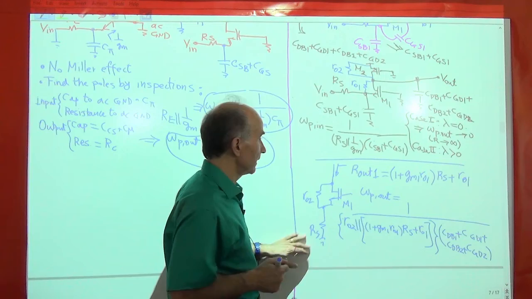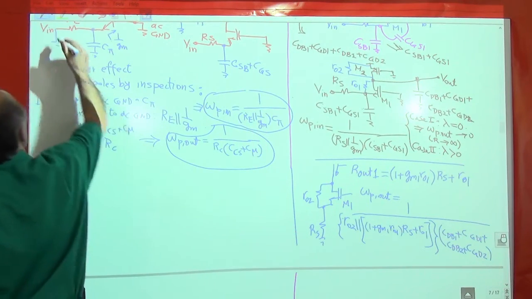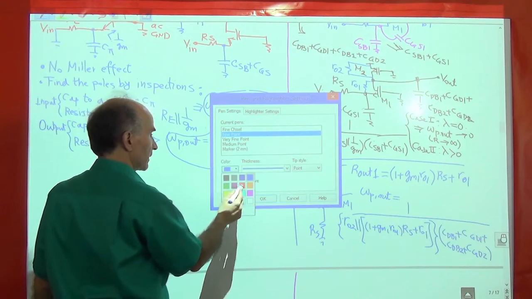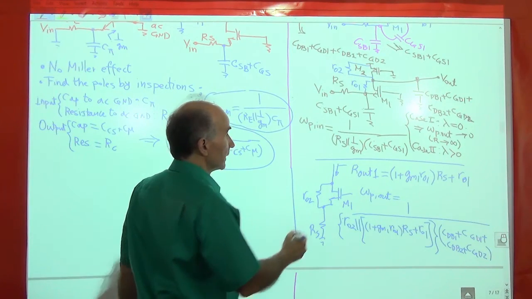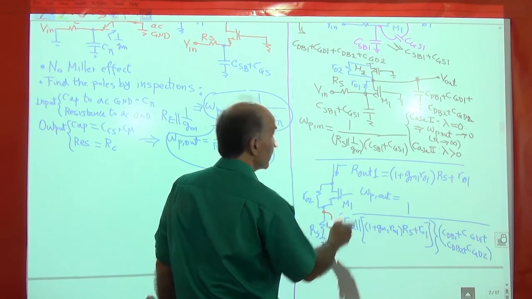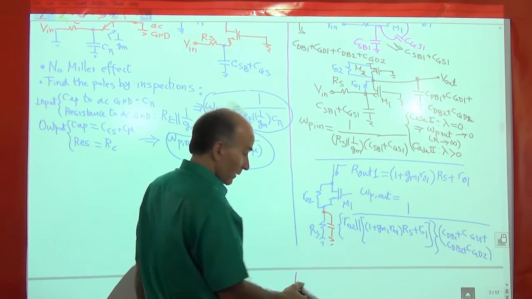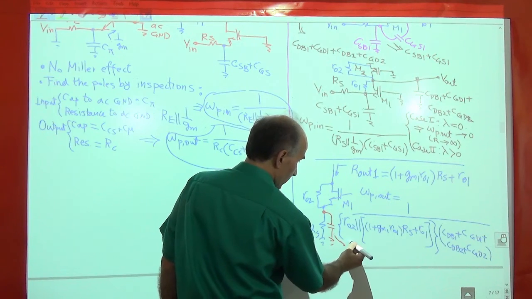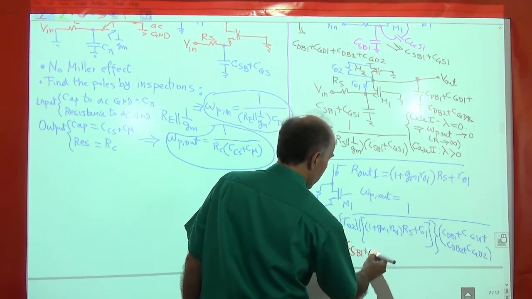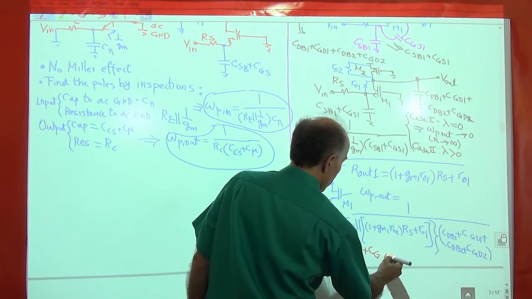In reality, there is one more component that I sort of just swept under the rug and didn't talk about. There is a capacitance here, right? Remember this capacitance? So there's a capacitance equal to CSB1 plus CGS1.